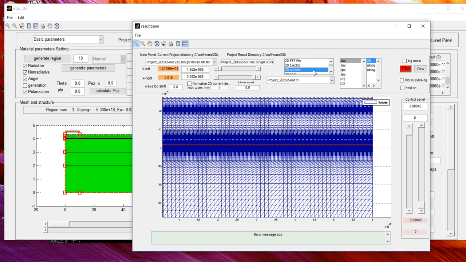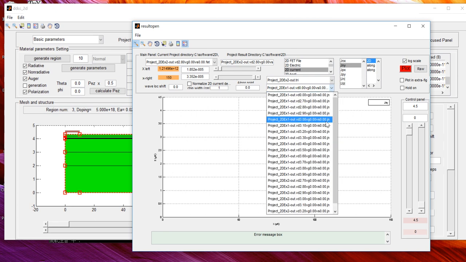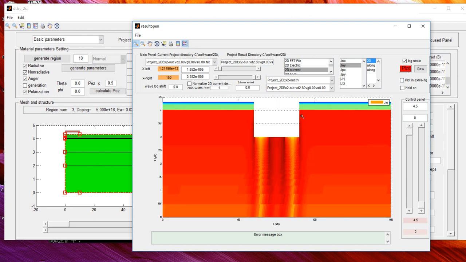We can look at the current. I'm not sure at 2.8 the current density is probably very low, so it's maybe not the right indicator, but we have more data now. You can see that the current spreading is good.